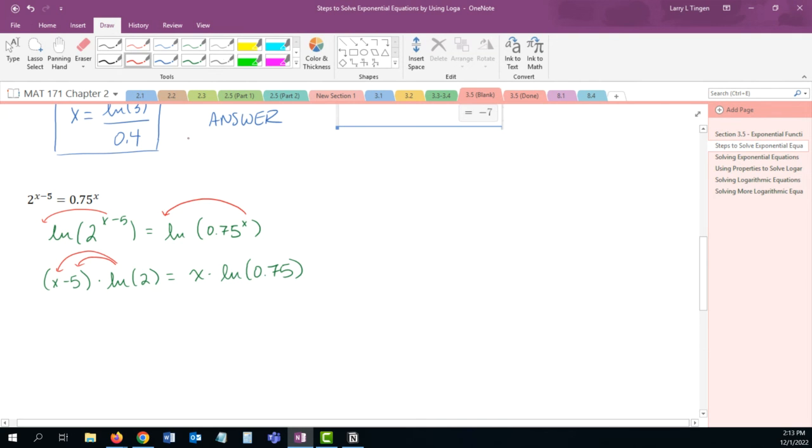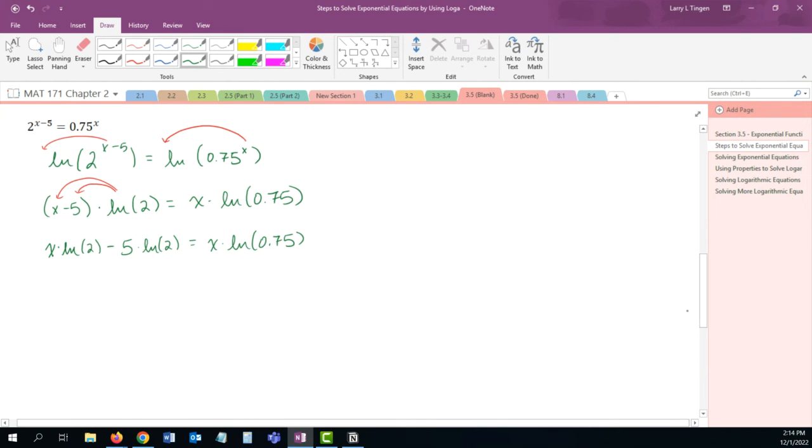If you put it into a calculator, that number is going to be an estimate, and it really just kind of kills everything. So I'm going to leave it as the natural log of 2. So that means I have x times the natural log of 2 minus 5 times the natural log of 2 is equal to x times the natural log of 0.75.